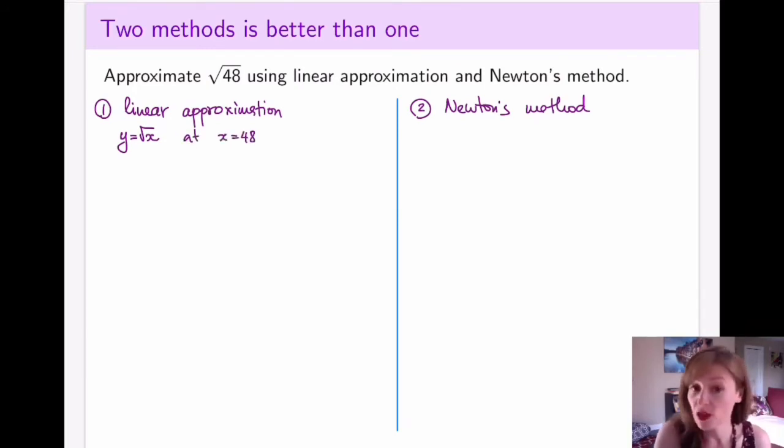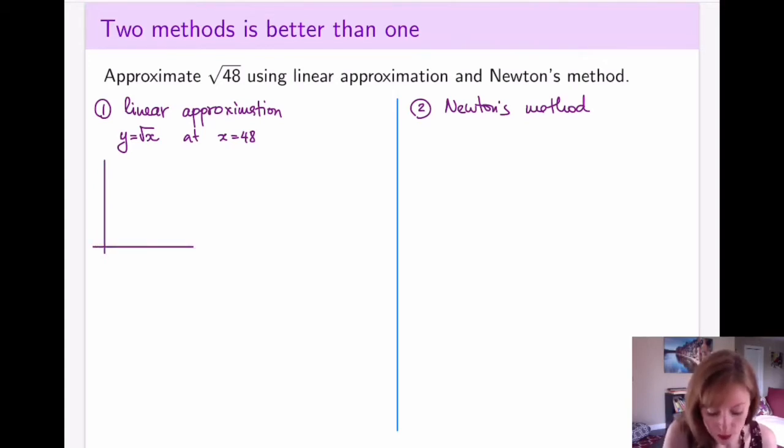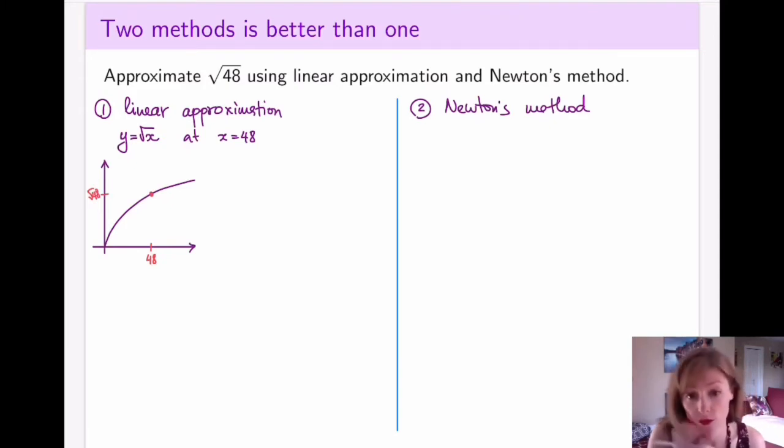So that is the function that I'm going to draw, and that is the function that I'm then going to analyze. So sketching a quick picture here, remember that the square root is a sideways parabola. It starts at 0. So a sideways parabola like this. So the point that I'm interested in is 48, and its y coordinate is the square root of 48.